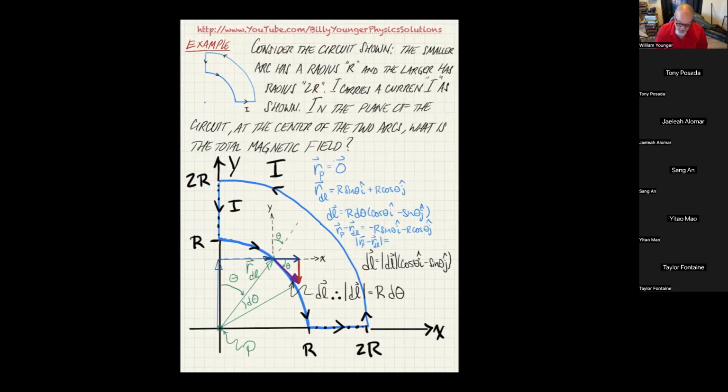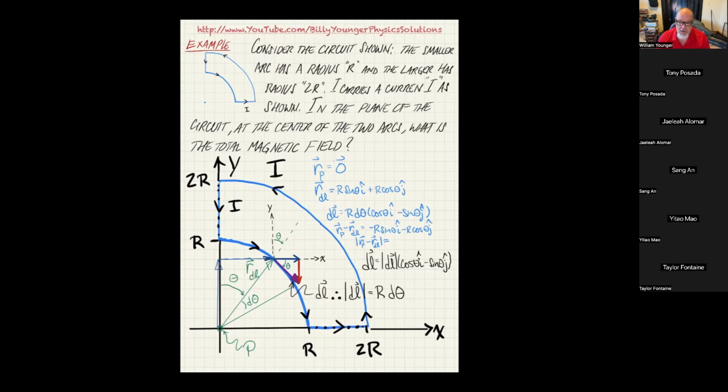So can anybody either use your magic mathematics of geometry to figure out the length of RP minus RDL, or look at the figure and figure out what the length of RP minus RDL is? That's actually the easiest way. Remember, RP is the zero vector, so it's just a dot at the origin, basically.